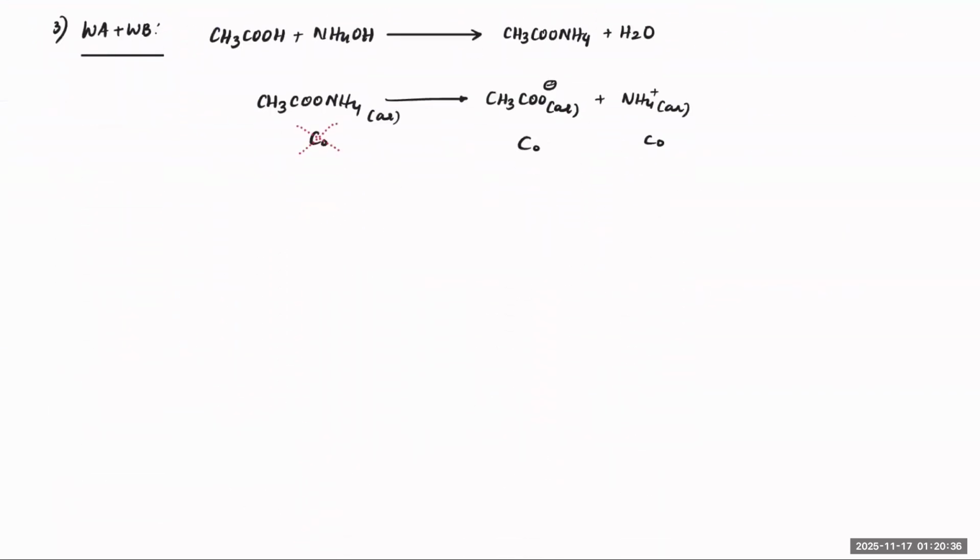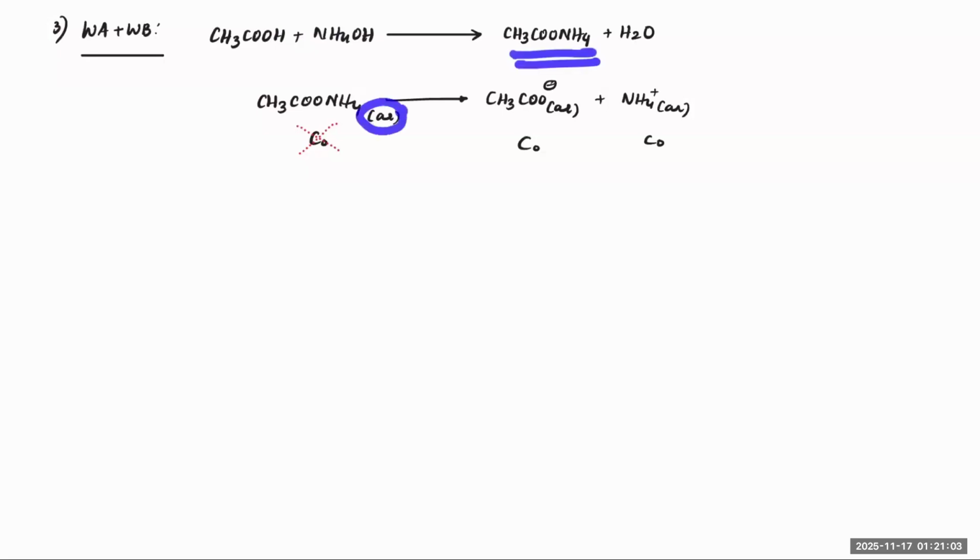Right. Next, notice weak acid plus weak base combinations. That means this time the salt formation that we are looking for is when you have a weak acid and a weak base combination. When you combine these two, the salt which is formed is still a salt.